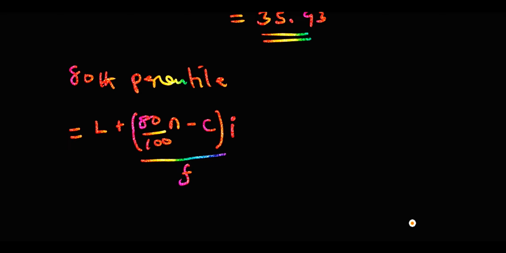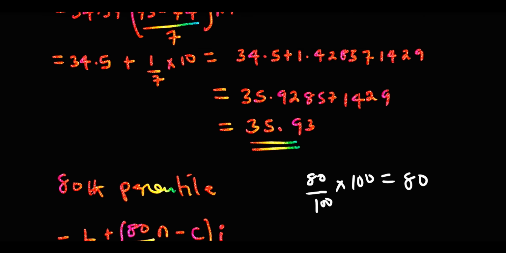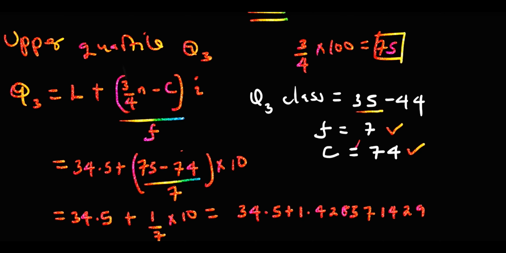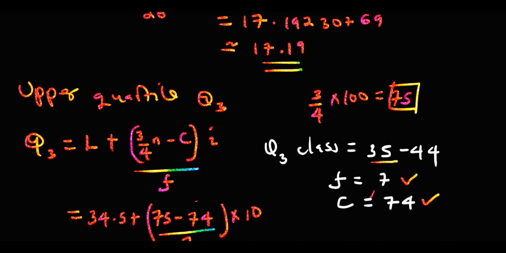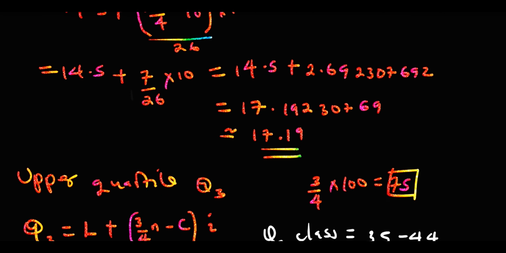First of all, we have to know where the 80th percentile lies. So we just take 80 over 100 times the data, which is just 80. It is a coincidence that our data is out of 100. So we look for the class with the 80th number. That will be our 80th percentile class. Let us go back to our table and look for the class with the 80th percentile.